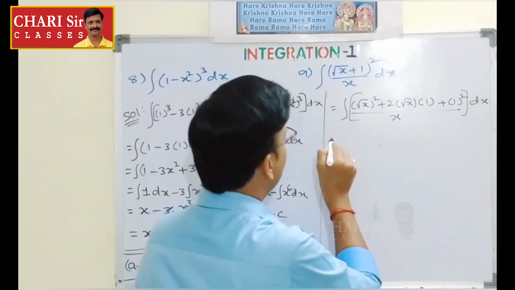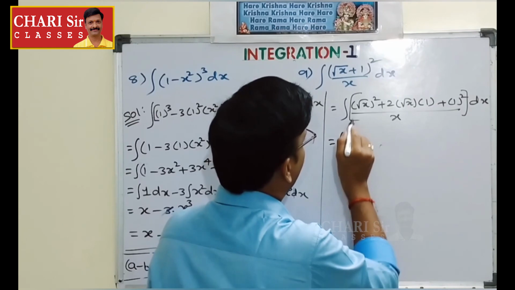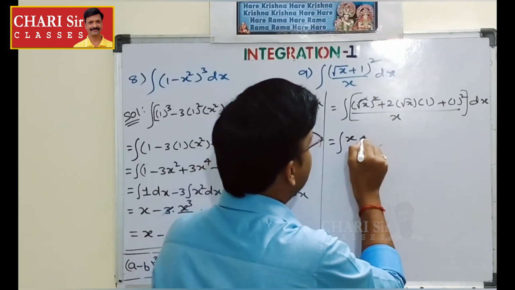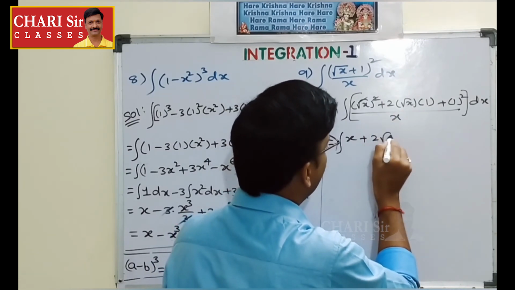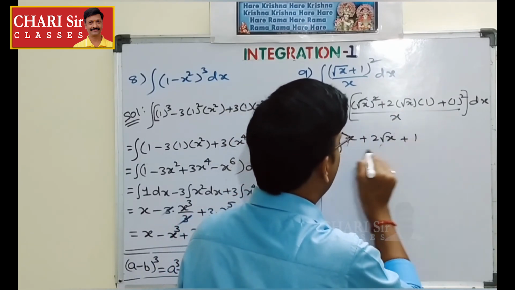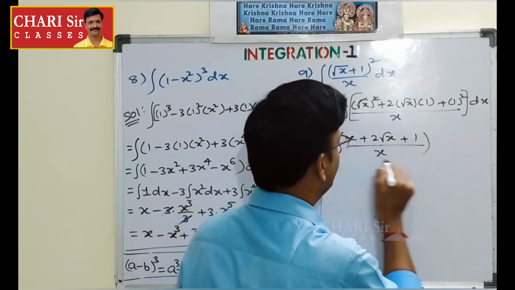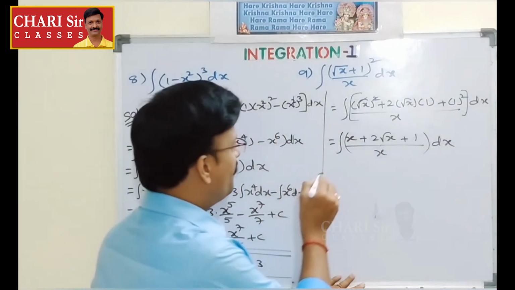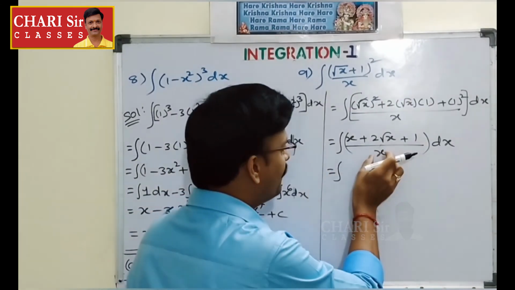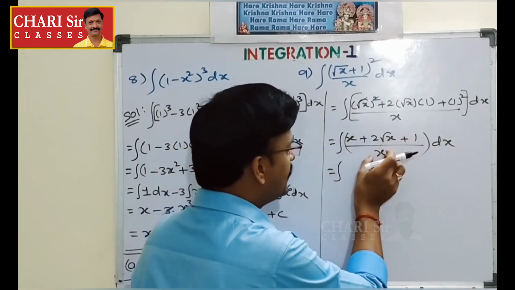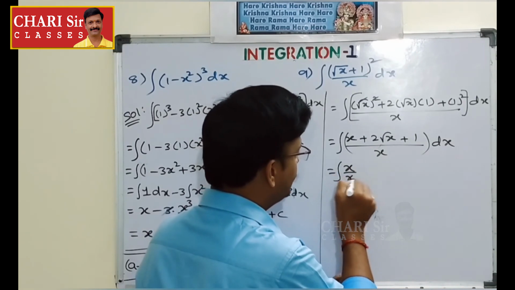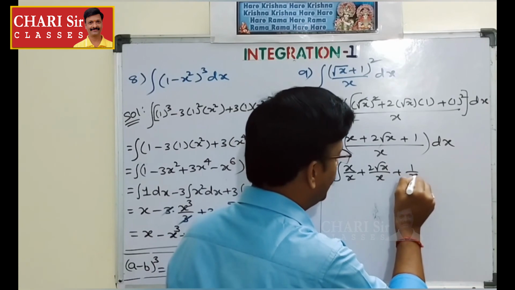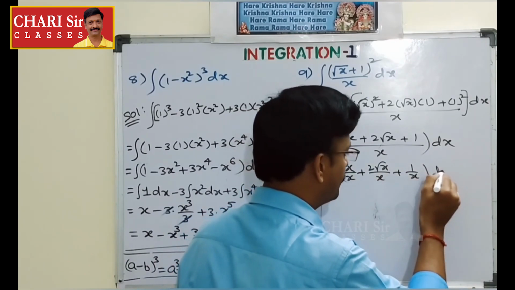Now what you can do, root x square is nothing but x, root and square will get cancelled, plus 2 root x into 1 is 2 root x, and plus 1 whole square is 1, by x for this whole dx, like this. Now we can divide this total expression with x, that is x by x plus 2 root x by x plus 1 by x for whole dx.